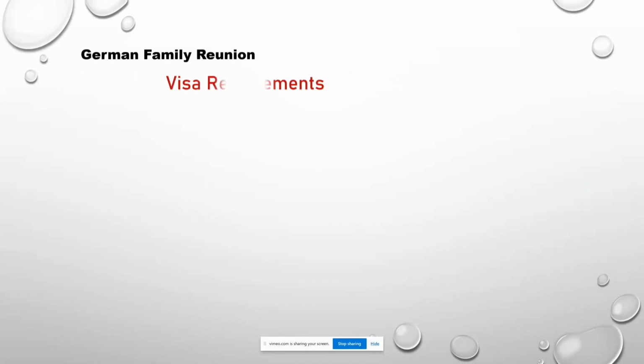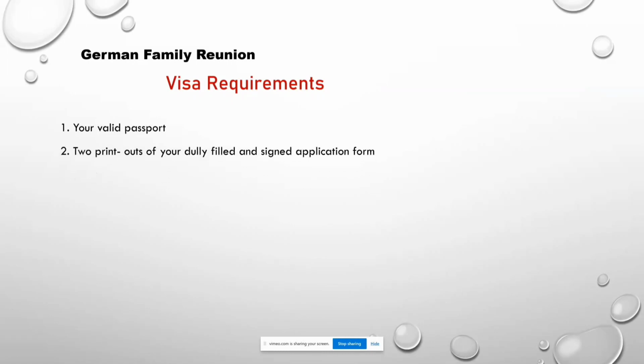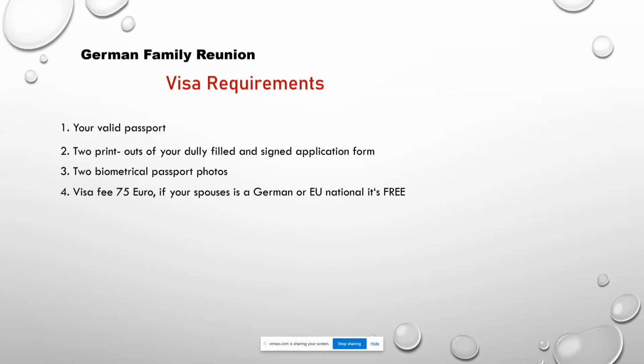So for German family reunion visa requirements, you need to have your valid passport, 2 printouts of your duly filled and signed application form, 2 biometrical passport photos, visa fee of €75, but if your spouse is a German or EU national, it's free, you don't need to pay anything.